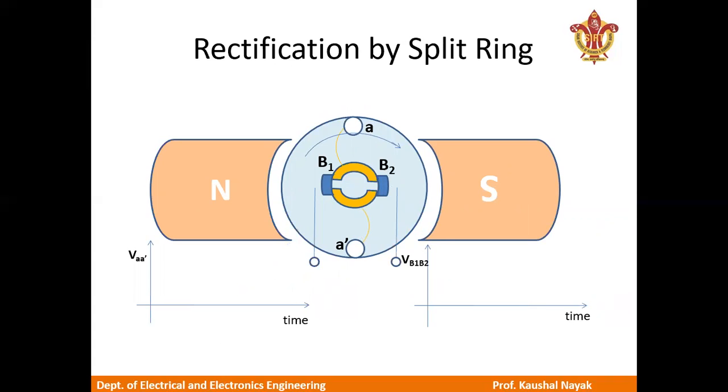Whereas when the ring is replaced by a split ring, this creates a difference in the voltage waveform that we obtain across the brushes as compared to the armature terminals.